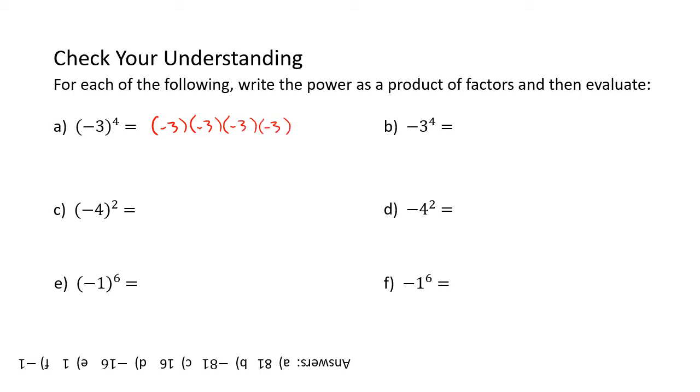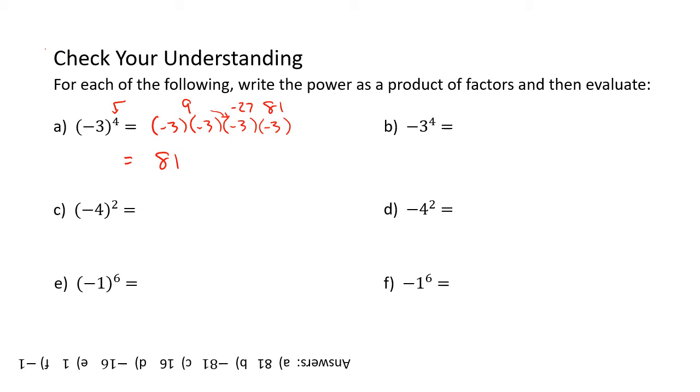Since the exponent 4 is an even number, I know the answer is going to be positive. But just to prove it, we'll go through each number. So negative 3 times negative 3 is positive 9. Positive 9 times negative 3 is negative 27. And negative 27 times negative 3 is positive 81.